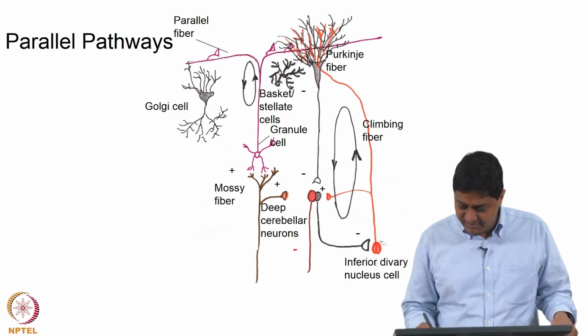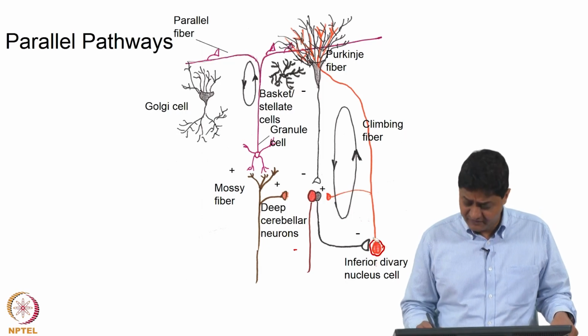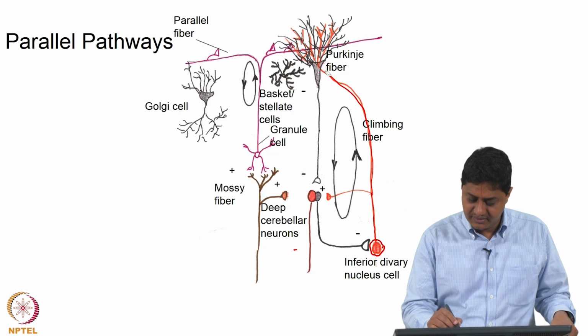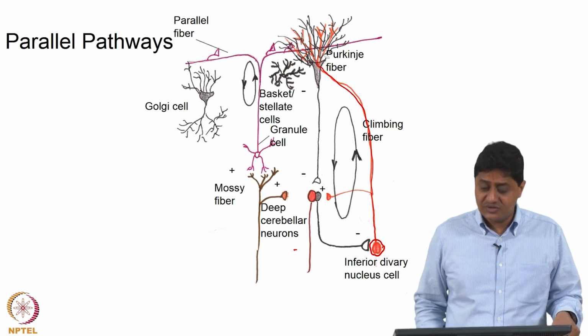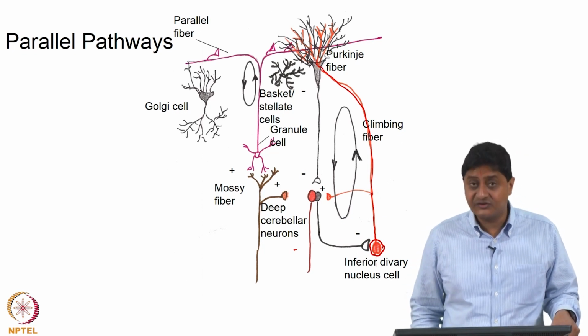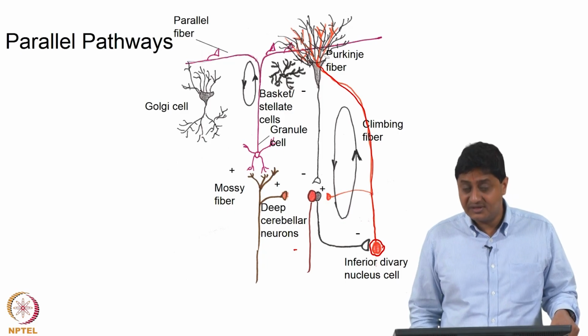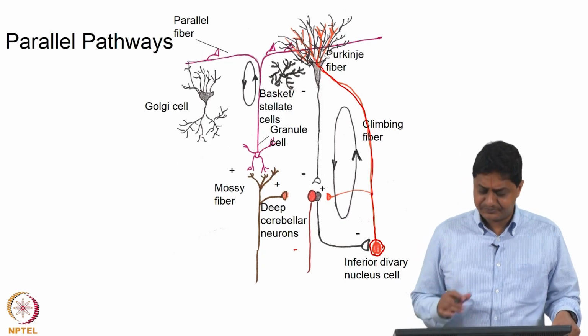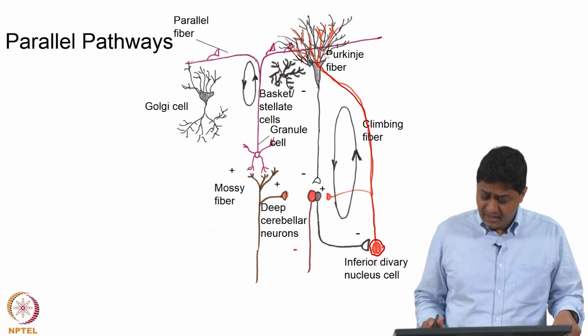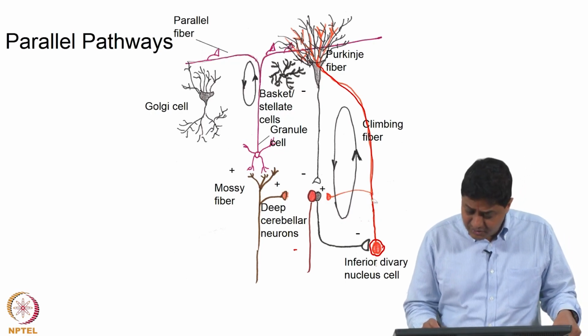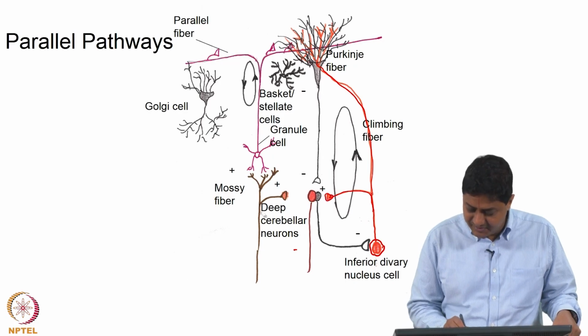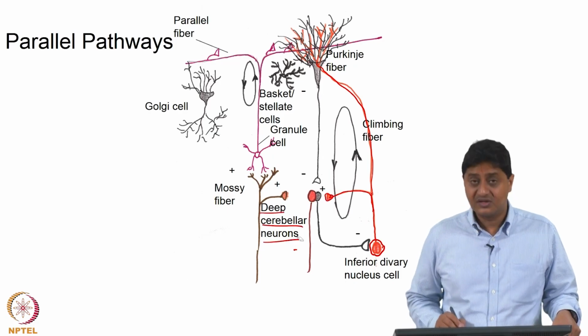So, for example, the climbing fiber that originates in the inferior olive proceeds and actually innervates the Purkinje cell, actually makes thousands and thousands of synapses with the Purkinje cell dendrites, right. But they also branch out and excite the deep cerebellar nuclei neurons.